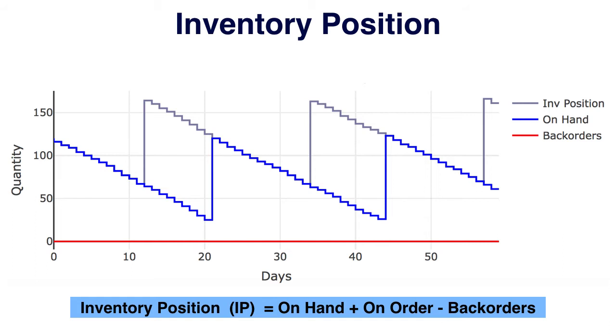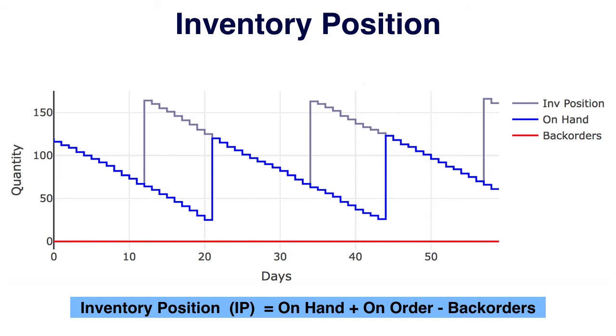The amount on order means the number of orders that you have already placed but you haven't yet received. And then you subtract from it the number of orders you have received from the customer but you haven't been able to serve yet. If you do this math, what you get is an inventory position.